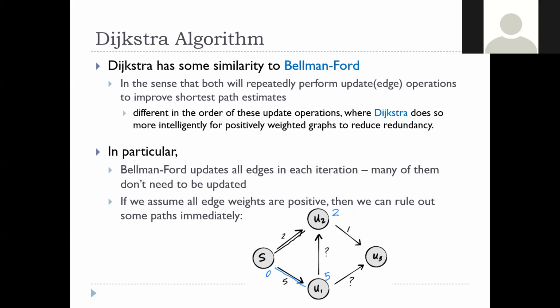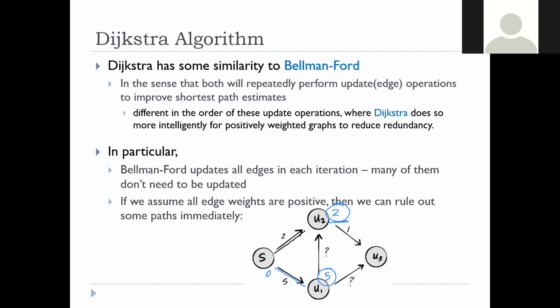However, now imagine I already know that this node has estimate 2 and this one has estimate 5. Is there still any need to perform the update for edge U1, U2? It doesn't matter what this weight is. We see that we don't need to, because this edge weight can be anything, but it has to be positive.